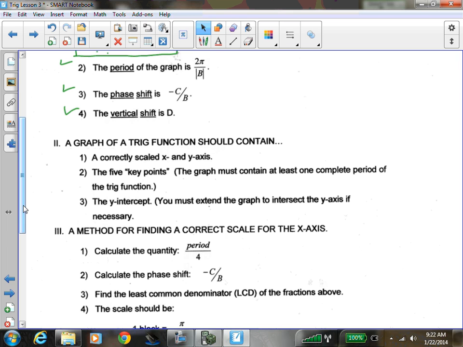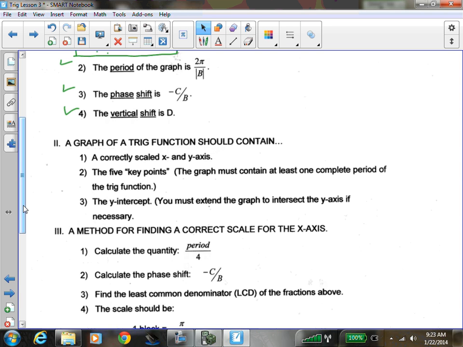We've done enough for you to understand that. It has to contain the 5 key points. And then the graph also has to intersect the y-axis. We haven't done any of those yet. When we do one of those, I'll come back and mention that. But in number 3, the period divided by 4 is going to be the distance between those tick marks. I just wanted you to see where that was written.